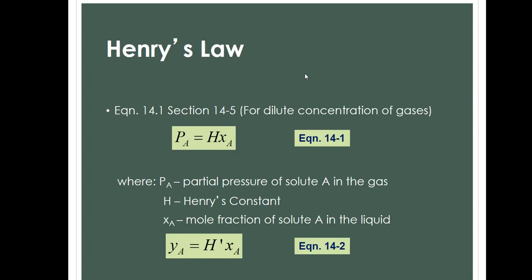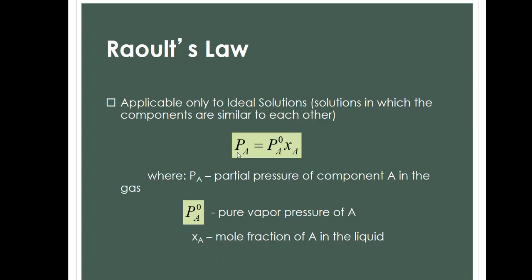Now, if you recall in our discussion of phase equilibria, we discussed laws that express the relationship between the mole fractions XA and YA for a particular system. In this case, we will also be using these laws again. Henry's law is one law, and the other one is Raoult's law.